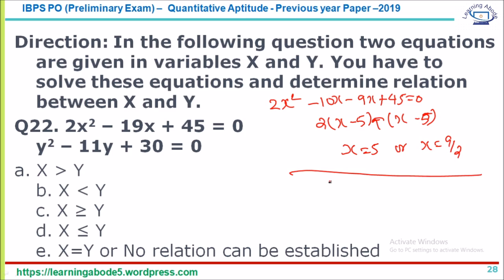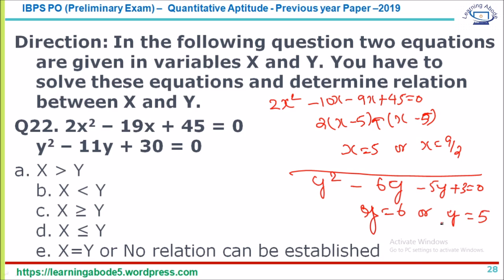That's one relation. Here I get y square minus 6y minus 5y plus 30 equal to 0. So I get y equal to 6 or y equal to 5.